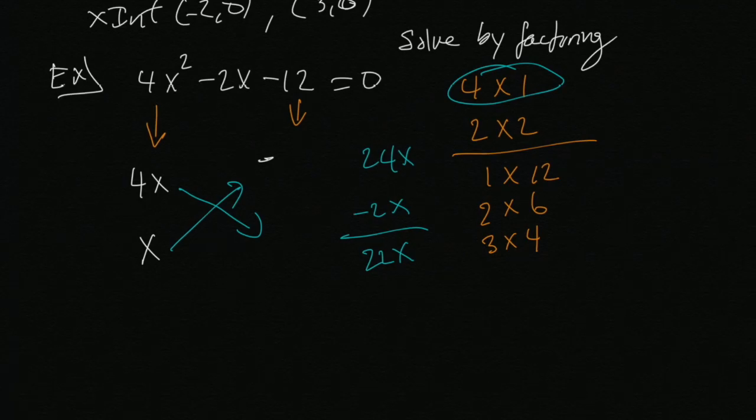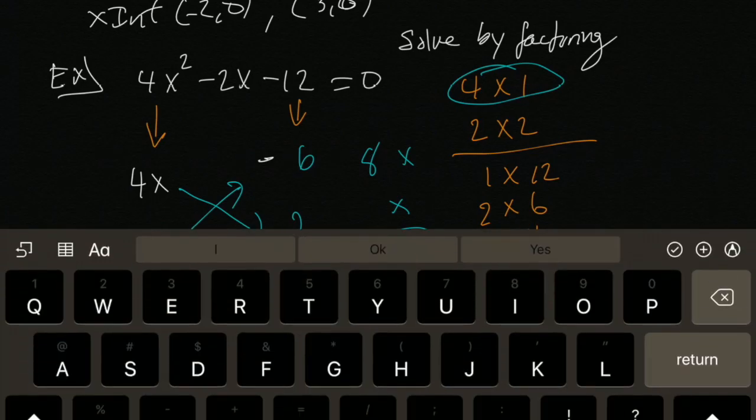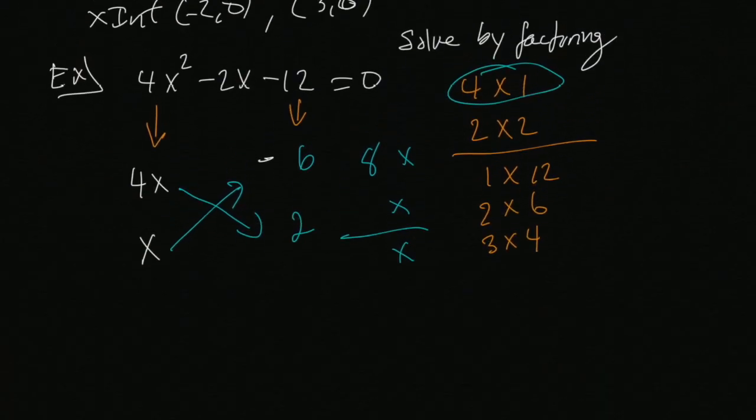Put the 2 here and put the 6 here, and then try again. Four times 2 is 8x, and then x times 6 is negative 6x.